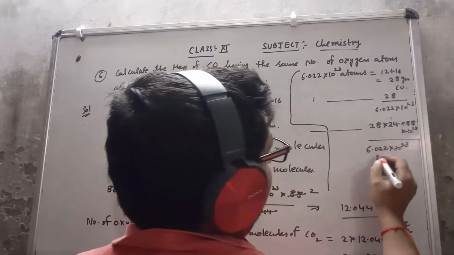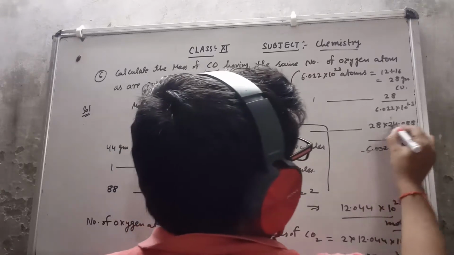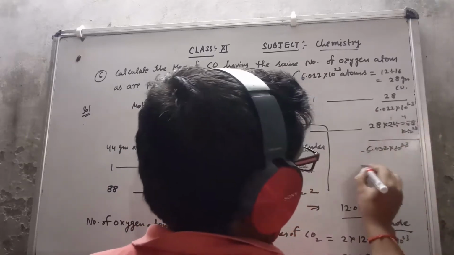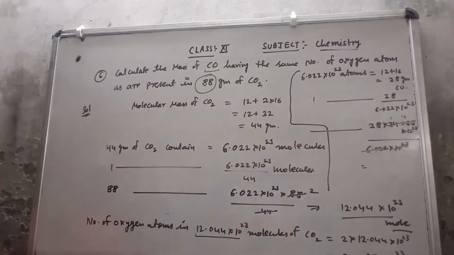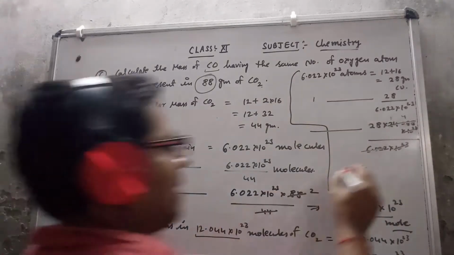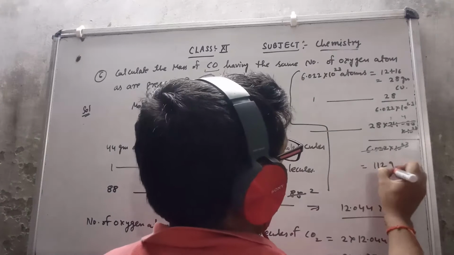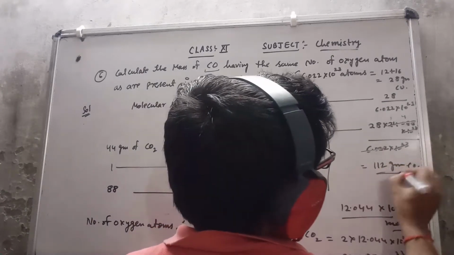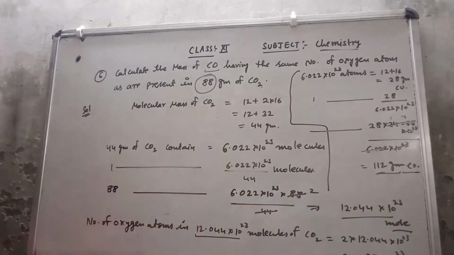The power is cancelled, and this 6.022 cancels with this. It is coming 4. So 28 multiplied by 4, I am getting here 112 gram. That much gram of carbon monoxide.